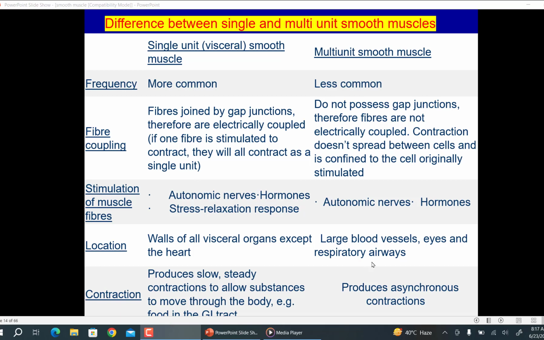In large, the multi-unit are present in large blood vessels, eye and respiratory airway. Contraction produces slow, steady contraction to allow substances to move through the body, for example, food in the gastrointestinal tract.